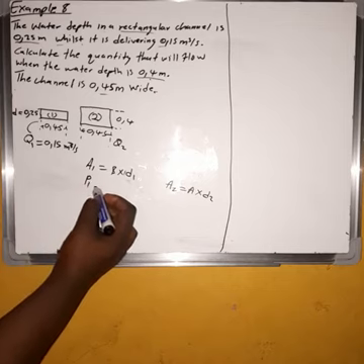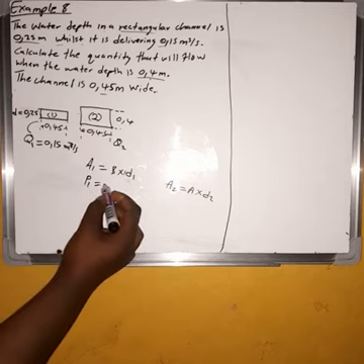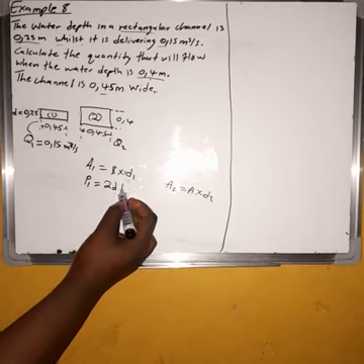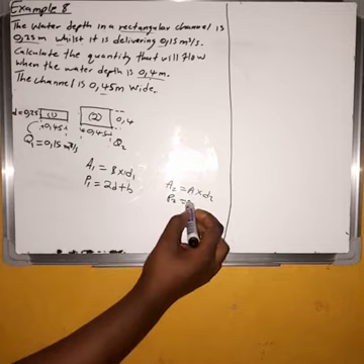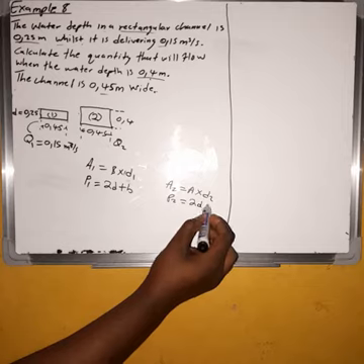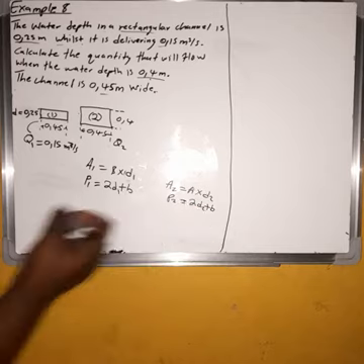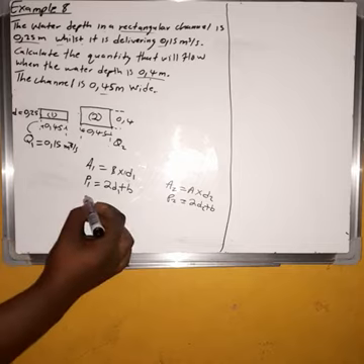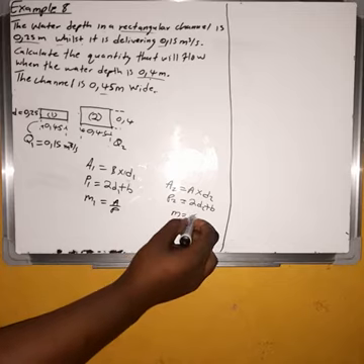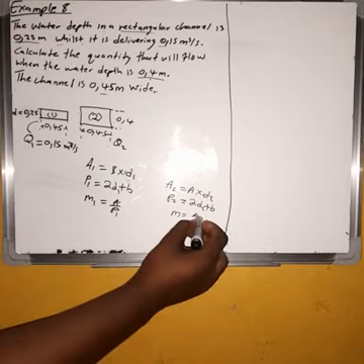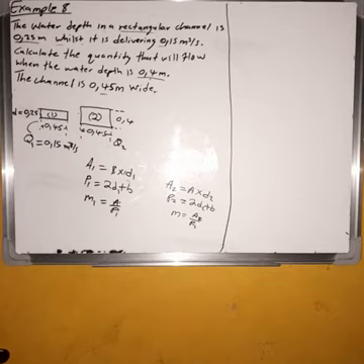Also we must use the wetted perimeter: P1 is 2 depth 1 plus B, and P2 has the same formula, 2 depth 2 plus B. Also we'll have m1 equals A1 over P1, and m2 equals A2 over P2.